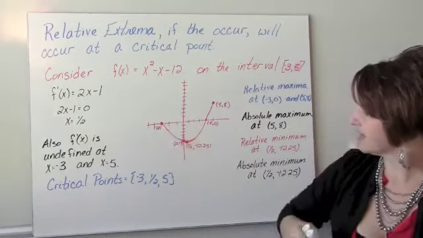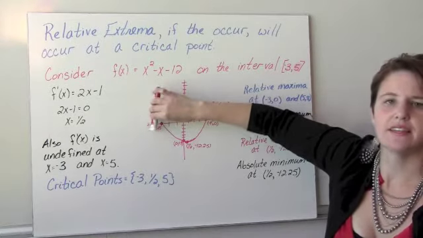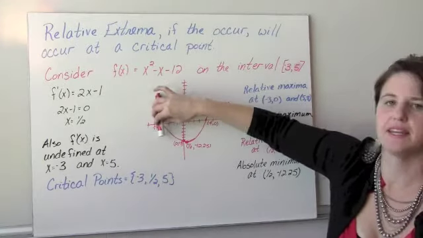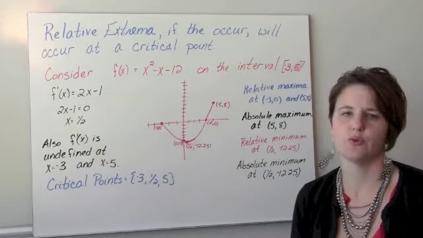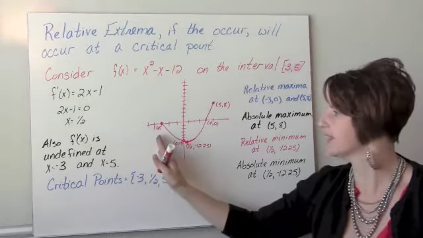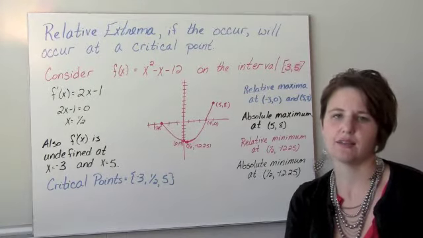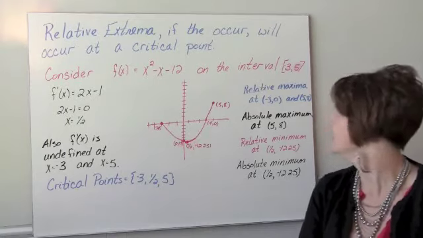If I were to stick a little tangent line here, remember a tangent line is supposed to just touch the graph in one point. Well, I could pivot it in many different directions, and so we wouldn't say that the derivative exists at x equals -3. So our critical points are x equals -3, 1/2, and 5.